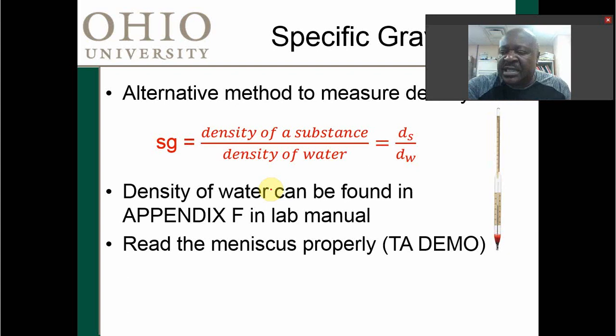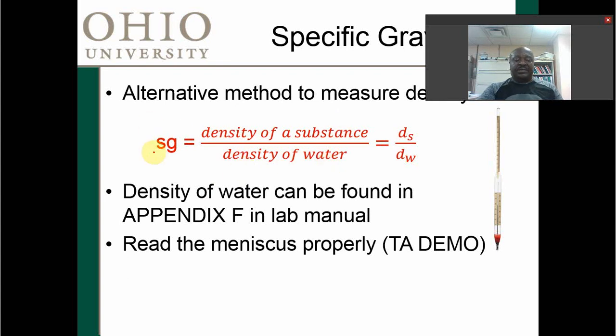Well, that's another way to determine the density of things that are not going to work very well with an auto pipetter. We are going to determine it using a hydrometer. Now, a hydrometer determines the specific gravity, which is defined as density of substance divided by density of water.